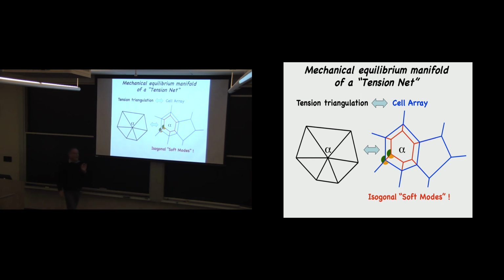For a given tension triangulation, you can construct not a unique tiling, but the whole family of tilings with 1 degree of freedom corresponding to local expansion or contraction of the cell, which preserves all the angles. So this is sort of a discrete conformal model.